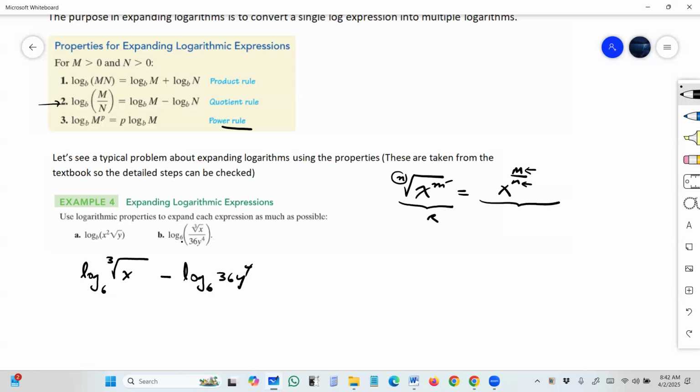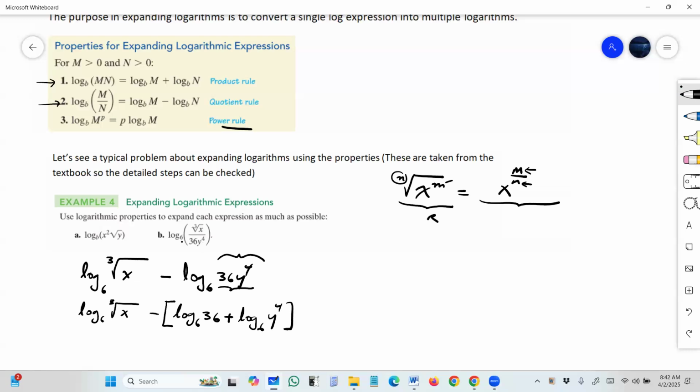All right, my next step is I can see here that I have a product. So I'm going to apply the product rule in the second log expression. The first one is going to stay the same for now, and eventually I'm going to change the radical form into exponential form, and I'm going to apply the product rule right here. But be very careful because there's a minus, so you need to open parentheses or brackets, and you're going to have log base 6 of 36 plus log base 6 of y to the fourth.